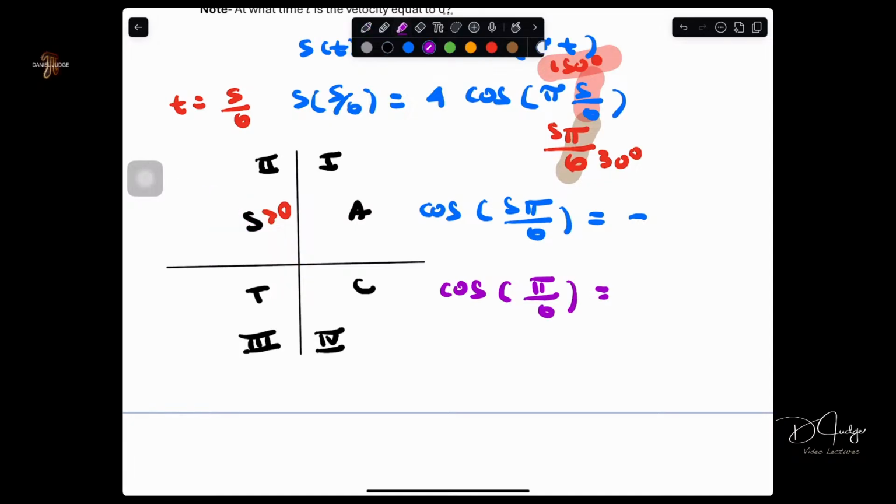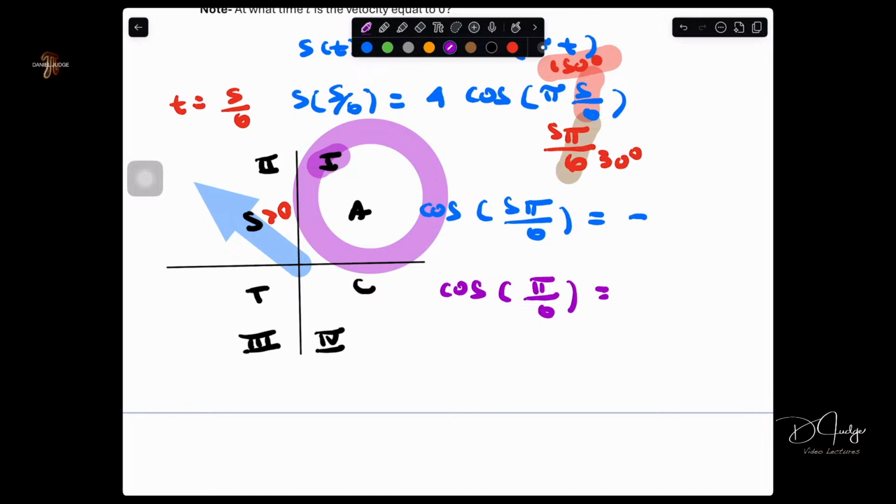I'm going to change colors. Okay, quadrant 1 now. It's our reference quadrant. All right, cosine of 30 degrees.